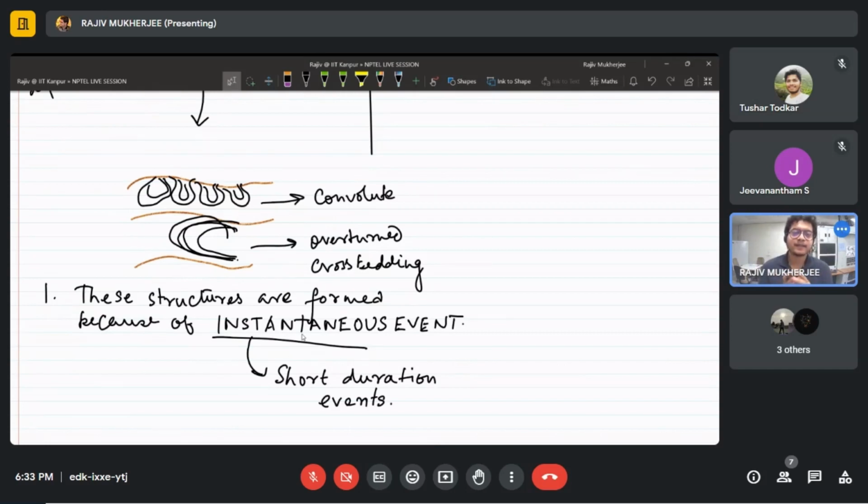That means if an earthquake occurs, can anyone say what is the general duration of an earthquake? What could be the maximum duration of an earthquake? Or let's say an average duration of an earthquake?